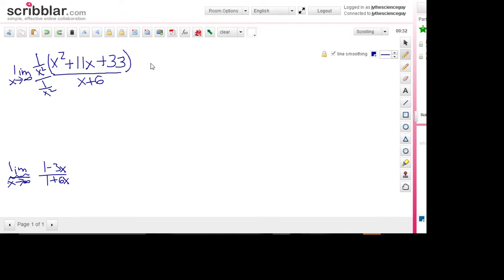So I'm going to multiply it through, and I get 1 plus 11 over x plus 33 over x squared. And then the bottom becomes 1 over x plus 6 over x squared. Do you see how I got both of those?